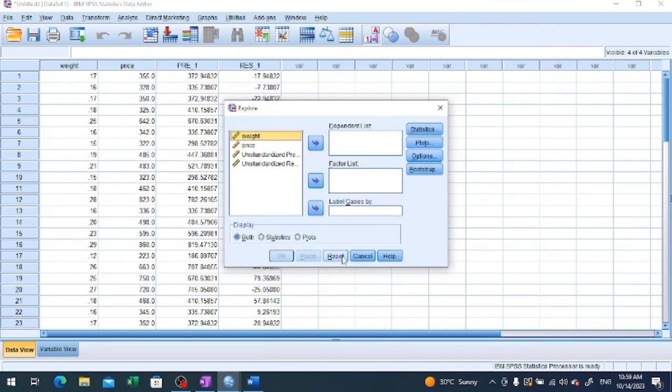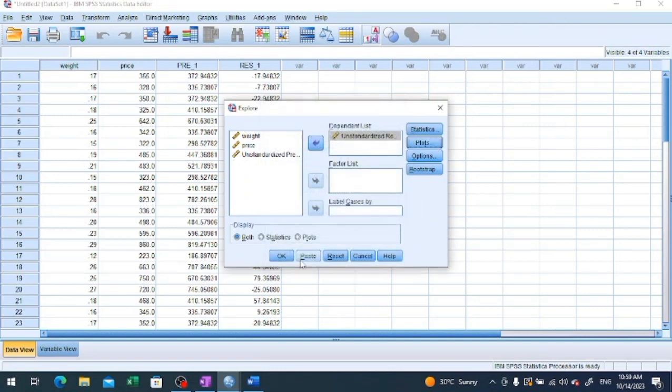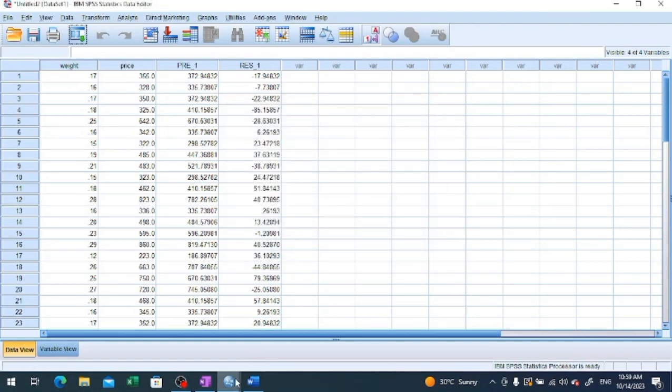We reset this. We take unstandardized residuals as dependent list variable. We go for plots. We mark a check across none. Then normality plots with test should also be marked because this is what we are focusing on right now. Continue and then paste.